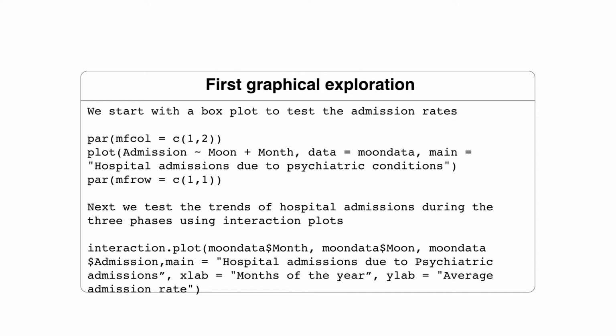The second kind of plot, which is very important here, is what is known as an interaction plot. In an interaction plot, we again put on the y-axis the continuous variable. In our particular situation, it is the total number of psychiatric hospital admissions, or the rate of psychiatric hospital admissions.